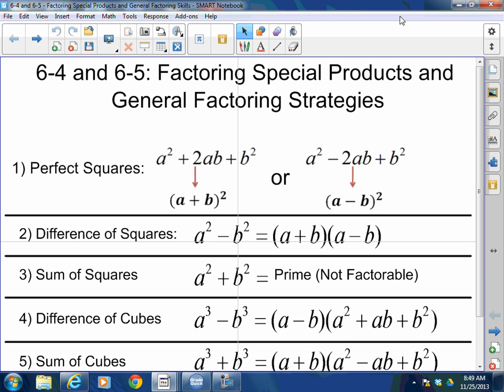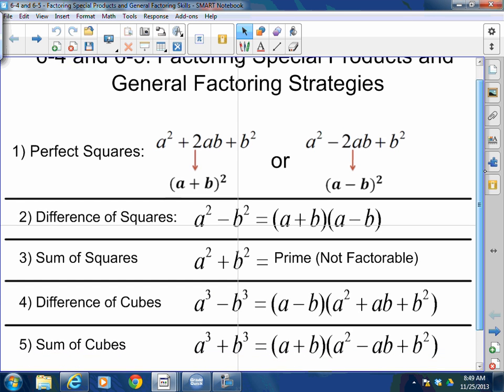We know how to factor trinomials where there is a 1 as the leading coefficient, and where there is a leading coefficient other than 1. And today we're going to learn special case factoring, or special products, however you want to call it. Okay, let's do this.